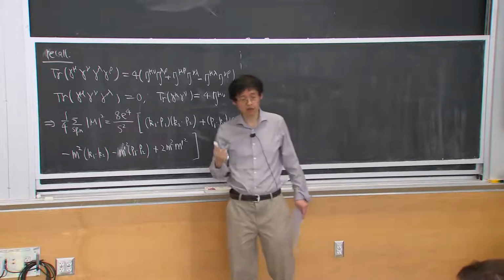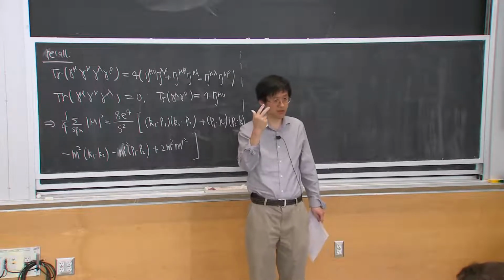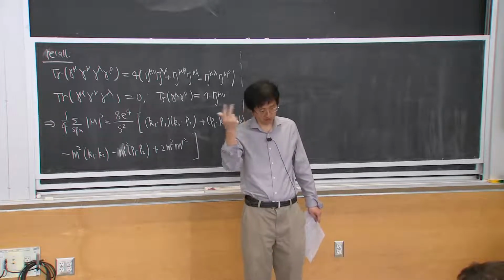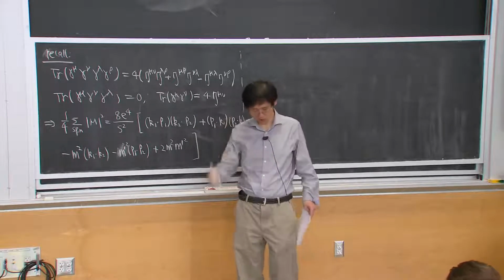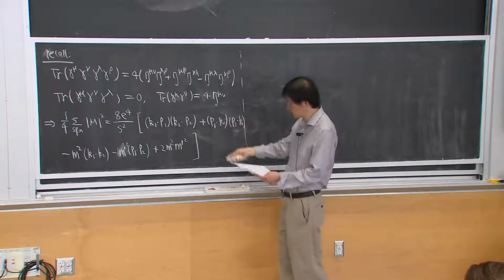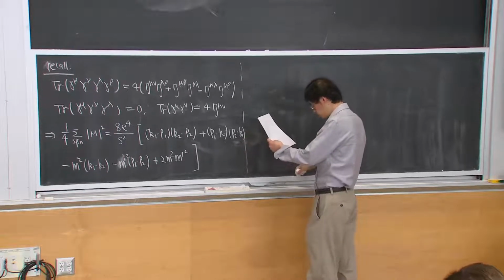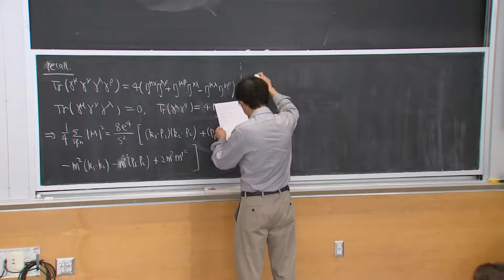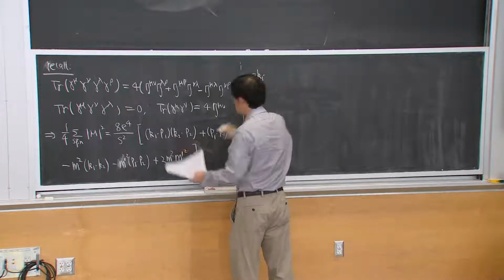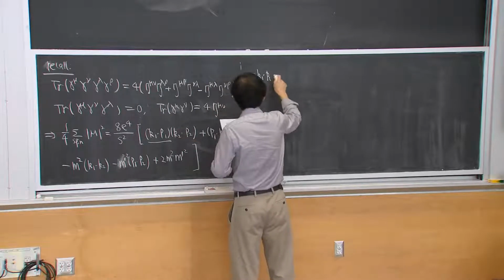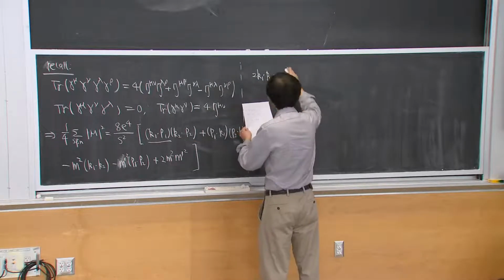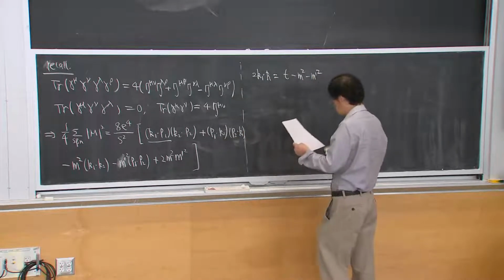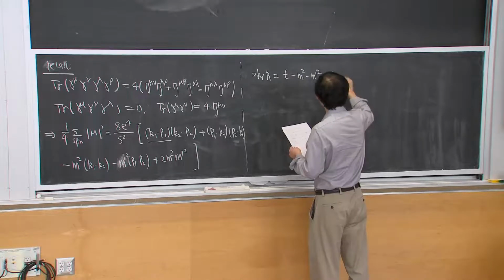Those are the STU variables we defined previously. It's often useful to use STU at the same time. Now if you write them in terms of STU, you find, for example, 2K1 dot P1 can be written as T minus m square minus m prime square, which is the same as 2K2 dot P2.